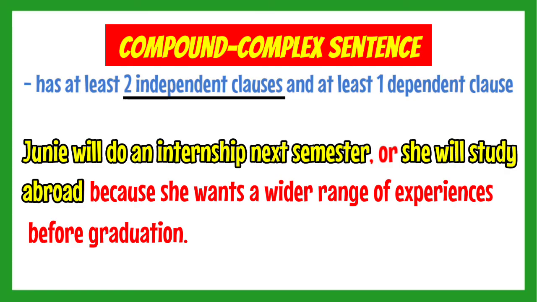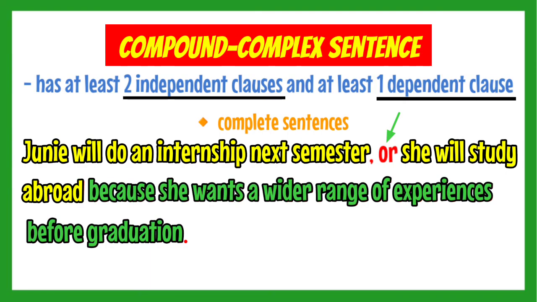And take note that these clauses are joined by a coordinating conjunction, or, and they can both stand as complete sentences. And the dependent clause is because she wants a wider range of experiences before graduation. It is introduced by a subordinating conjunction, because, and it does not express a complete thought. Is everything clear?